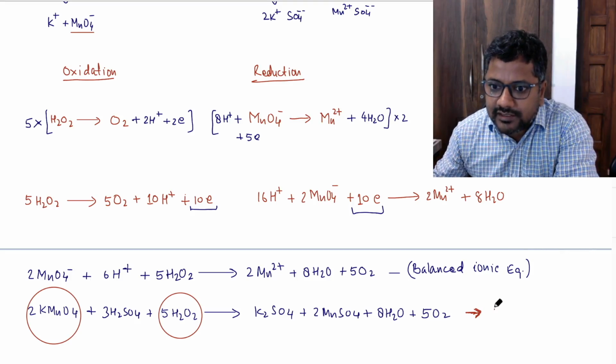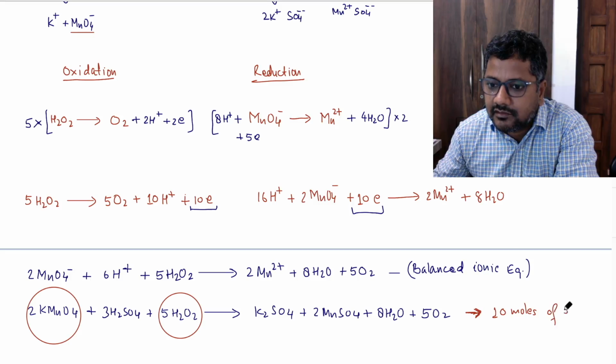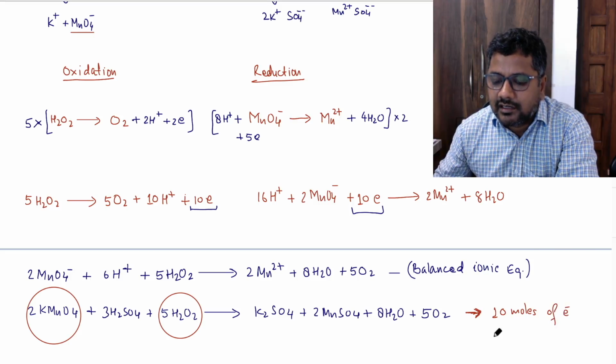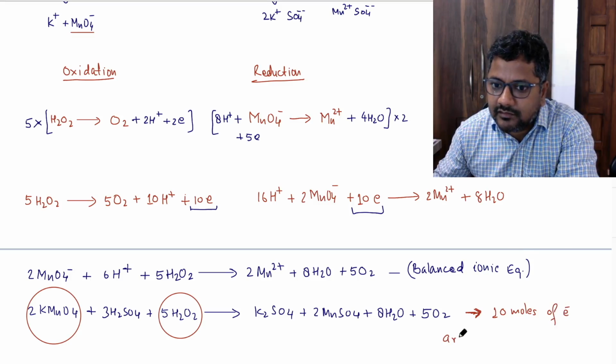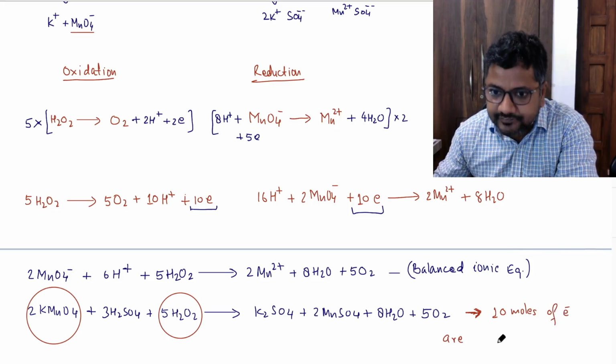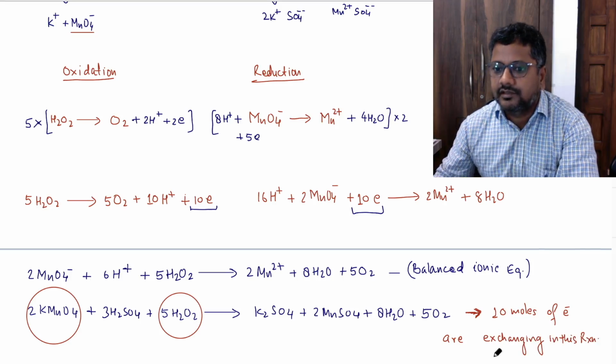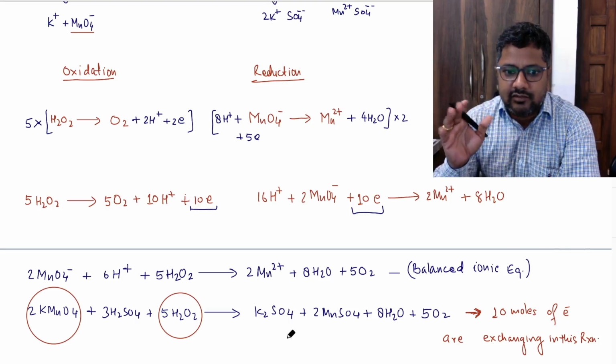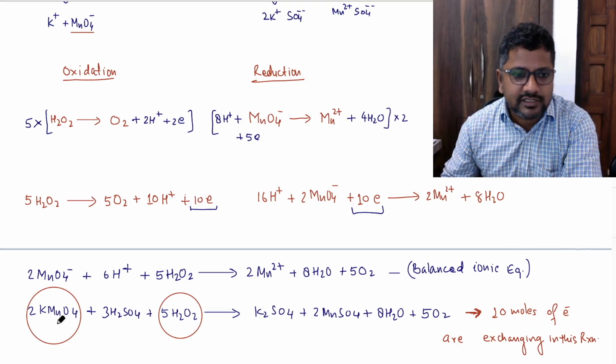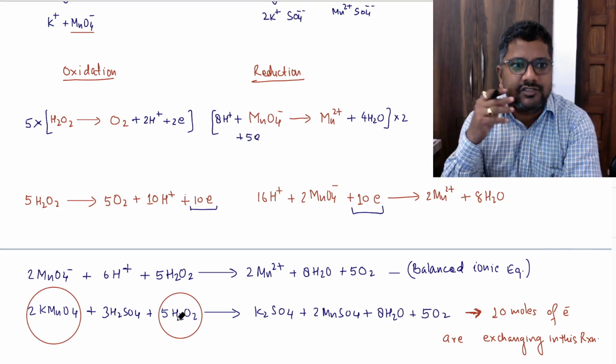So in total 10 moles of electrons are exchanging in this reaction, and these 10 moles of electrons are balanced by 2 moles of KMnO4 and 5 moles of H2O2, right?